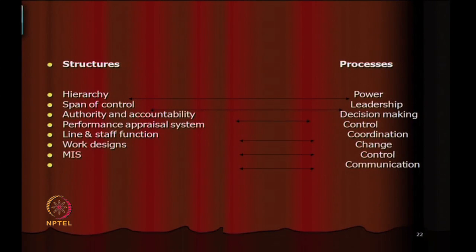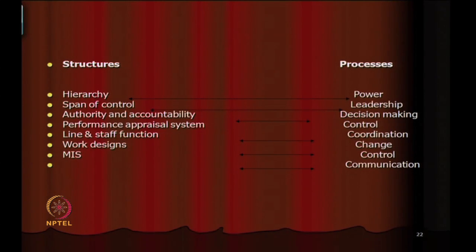So, hierarchy and power, span of control and leadership, authority and accountability and decision making, performance appraisal systems and control, line and staff functions and coordination and change, work design and control. MIS also deals with control, and finally, communication, which links up with everything.